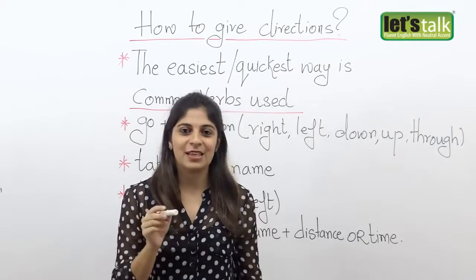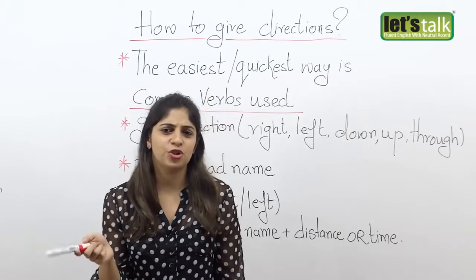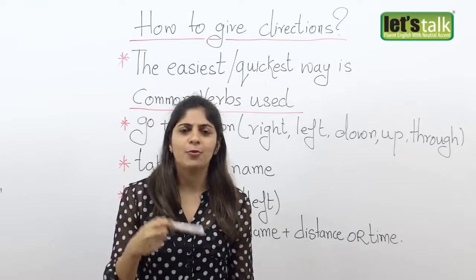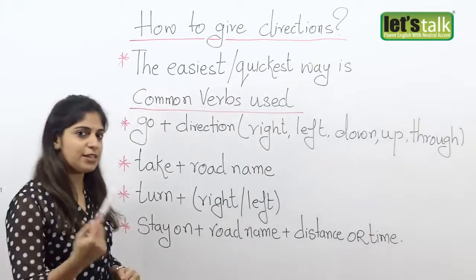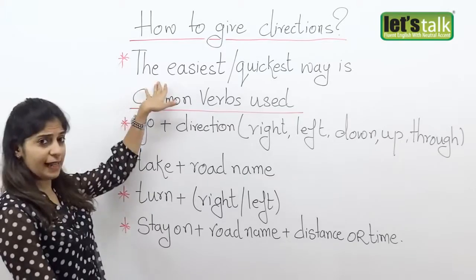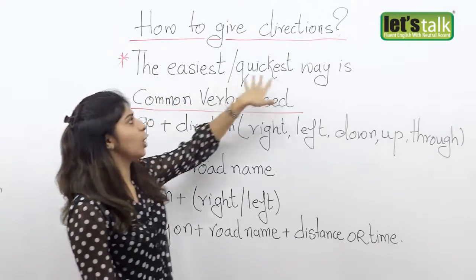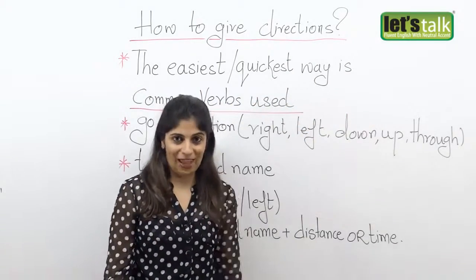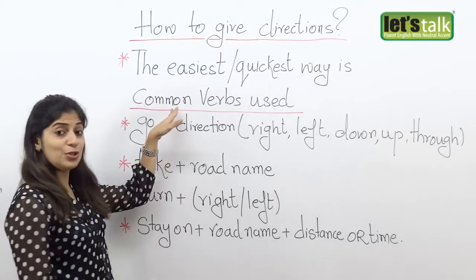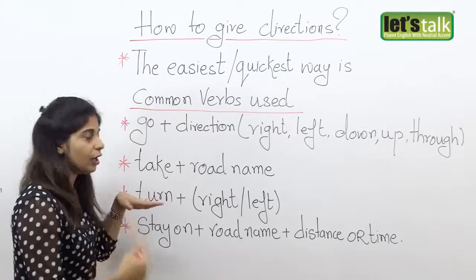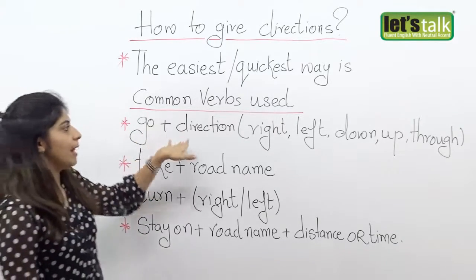Now, I come and ask you, how do I get to the main street, or how do I get connected to the highway? So, how do you start giving directions? You would say that the easiest or the quickest way is to, and now you would use the common verb go plus the direction.